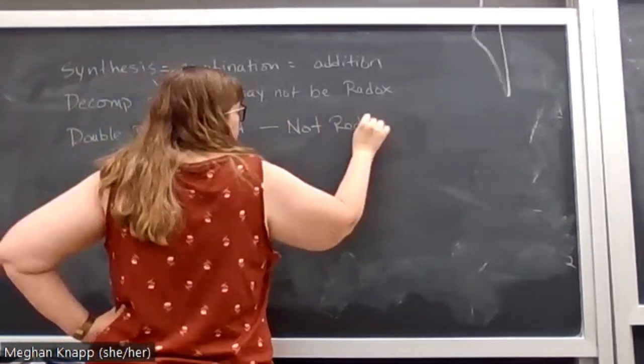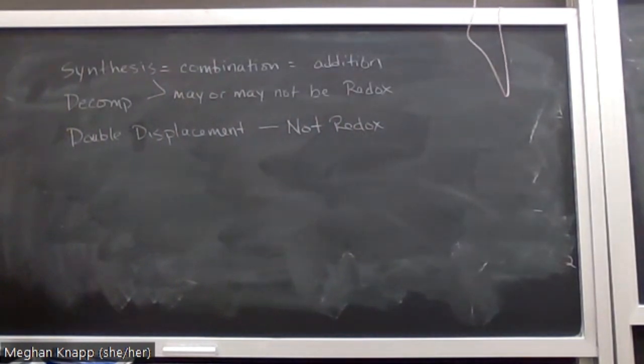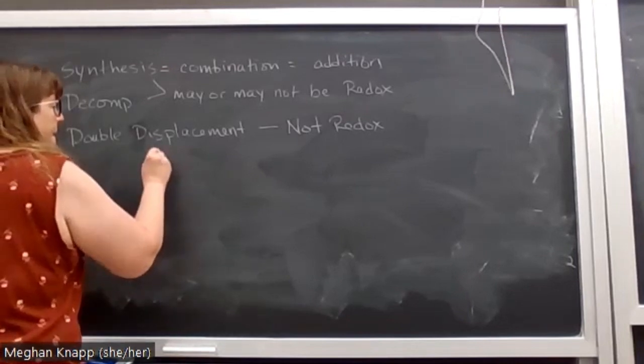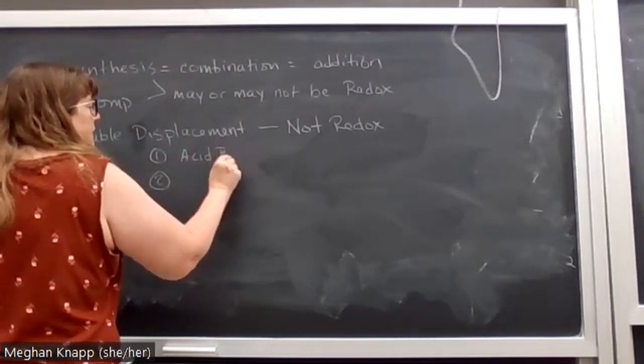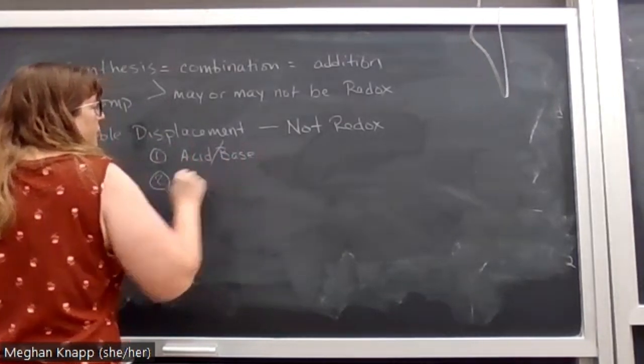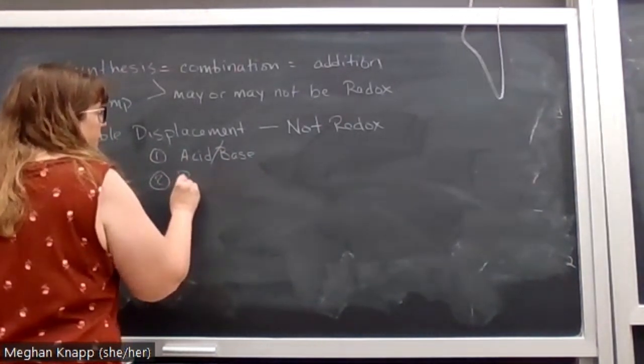And there are two kinds of double displacement where we switch partners. So do you remember those two? One of them is an acid base. We're dealing with a neutralization where water is one of our products. One of them is precipitation.